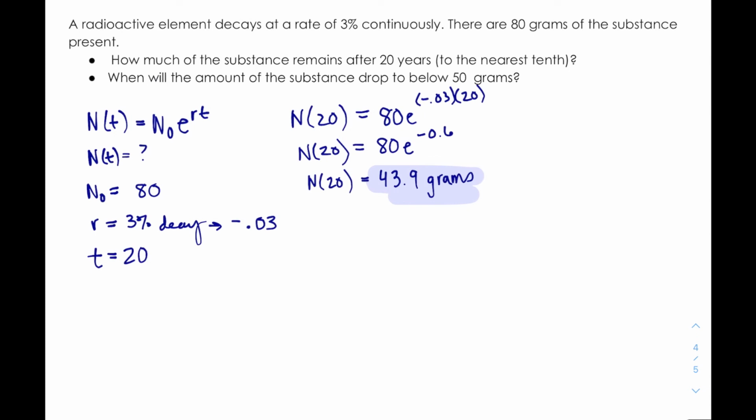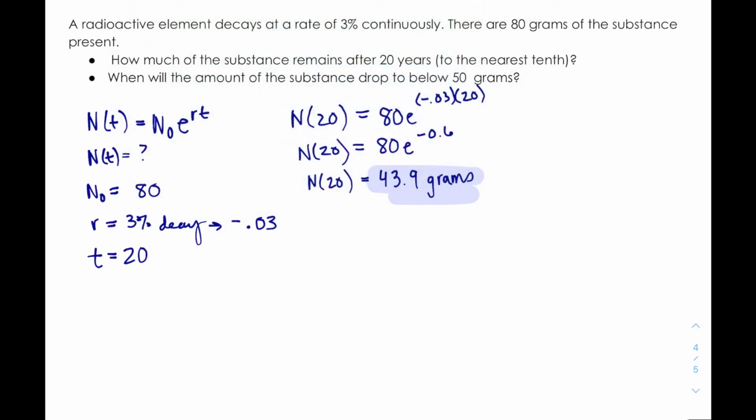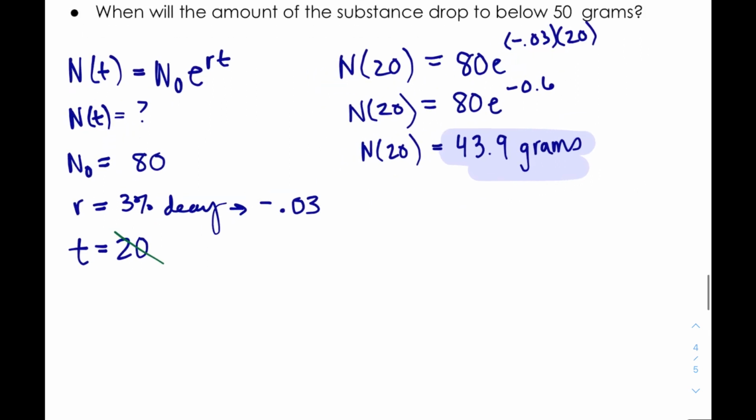Okay, the second question wants to know when the amount of substance will drop below 50 grams. So now we don't have the time. Time is what we're looking for. That's our unknown, and the amount we're going to end up with is 50 grams.